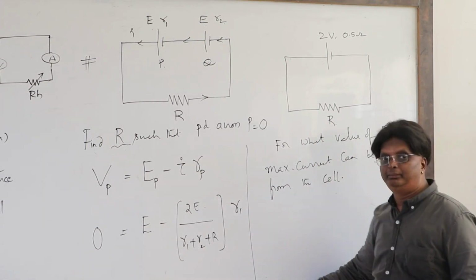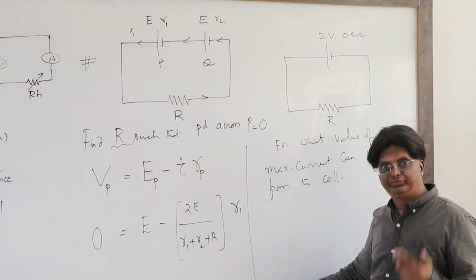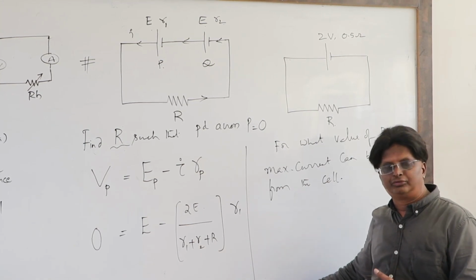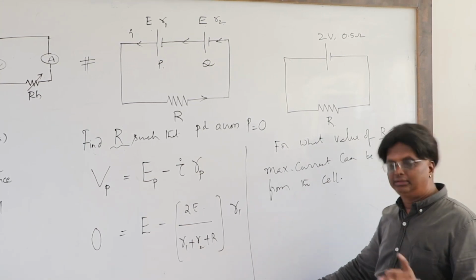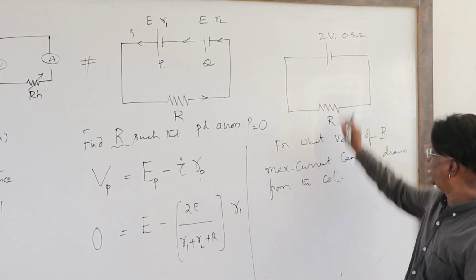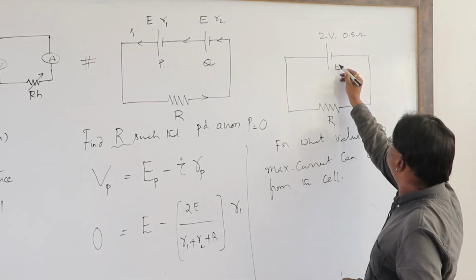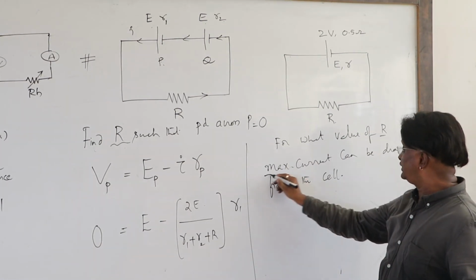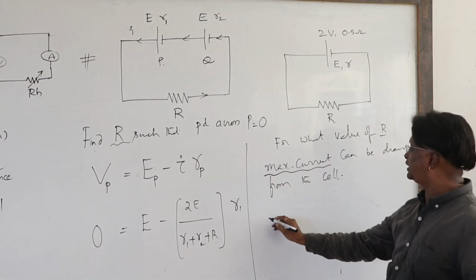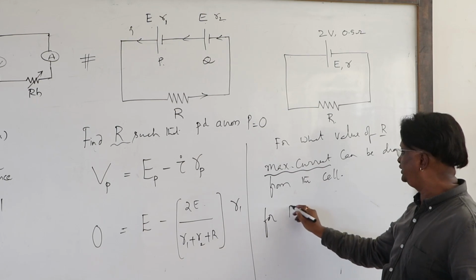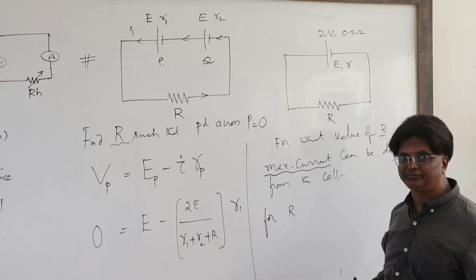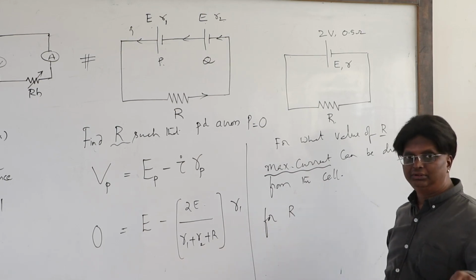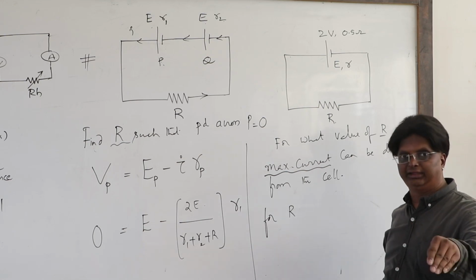Now this is called the maximum power transfer theorem. We don't give any proof, we will give the statement. In this case, if this is the EMF E and internal resistance r, the condition for maximum current is for capital R, the resistance of the external circuit, which can be varied.